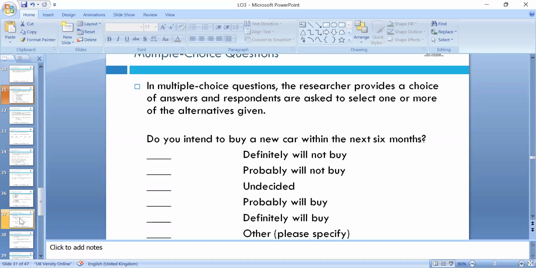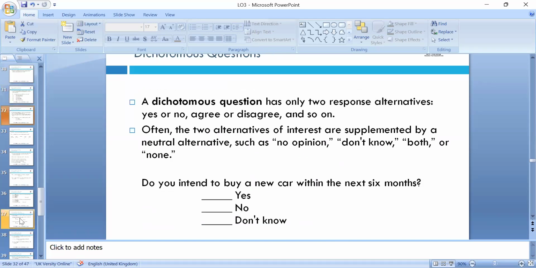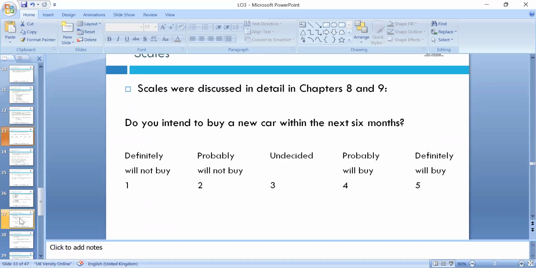So we can give options and the respondents can choose. We can look at two alternatives, yes and no, or don't know. So do you intend to buy a new car in the next 6 months? Yes, no, I don't know. We can structure it like this and do the numbering, which is quite good.